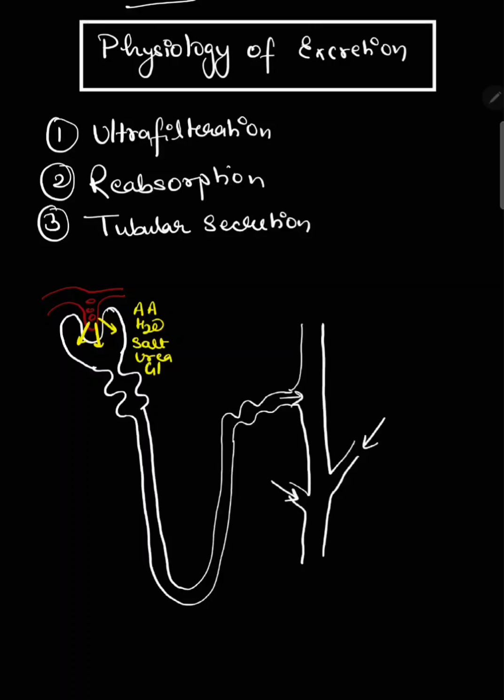Then glucose. All these may come here. Now here we do have blood vessels. Let's draw it in a very simplified manner, like this.